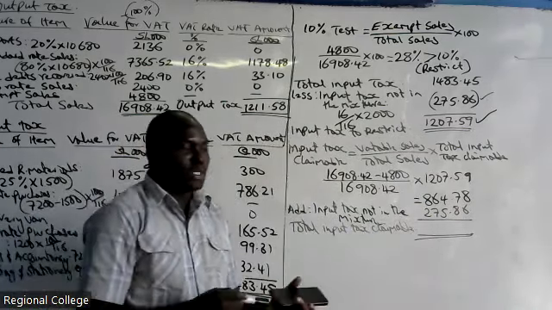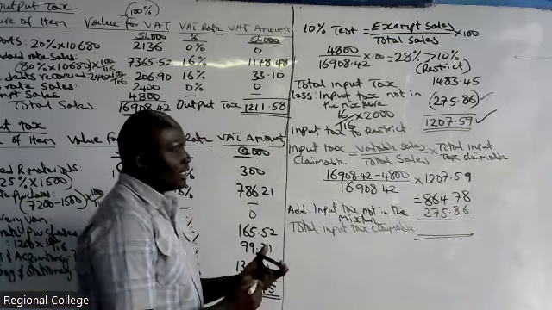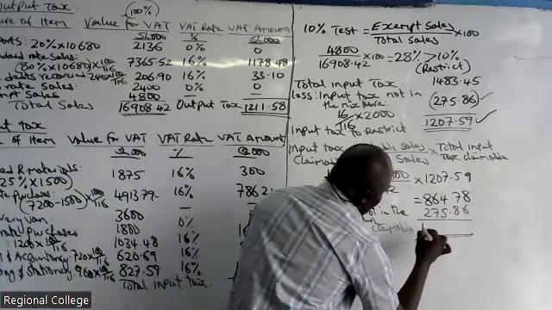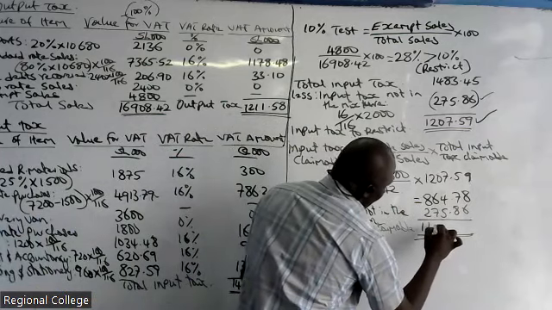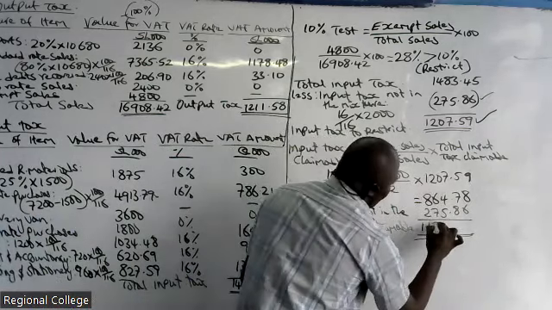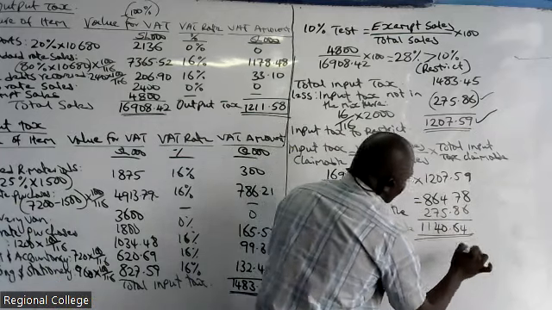So the total input tax claimable, 1140.64.